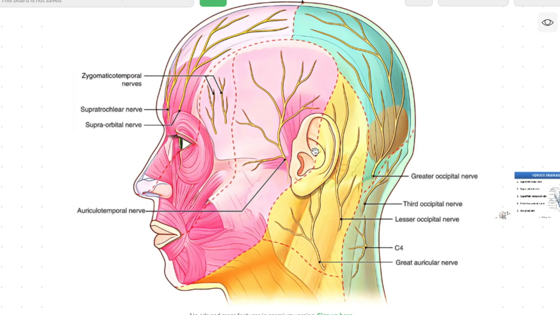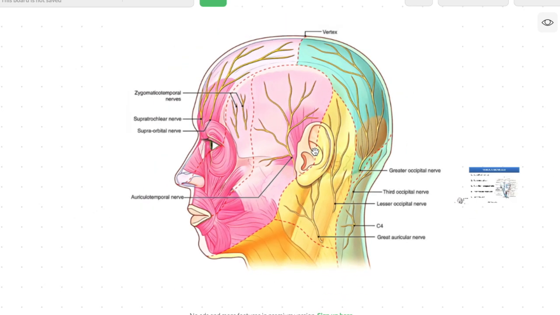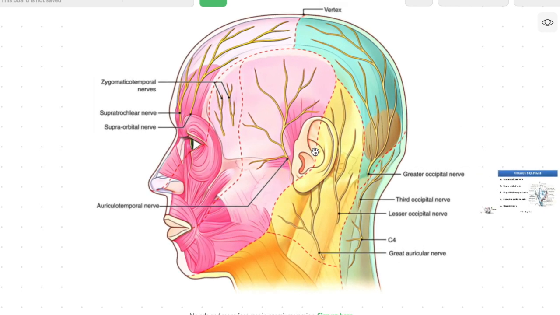There are four branches of the trigeminal nerve: the supratrochlear nerve, the supraorbital nerve, the zygomaticotemporal nerve, and the last branch of your trigeminal nerve, the auriculotemporal nerve.